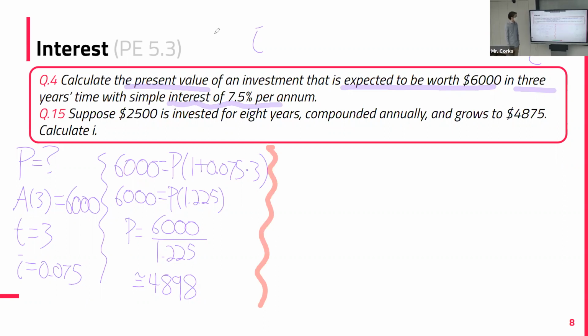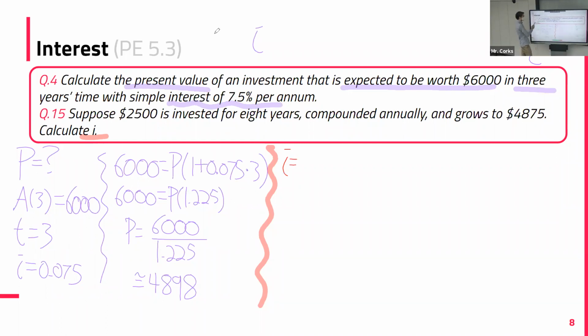Second one, what information have we been given and what are we looking for? Okay, so we're looking for interest and we've been told everything else. And the other parts are pretty straightforward.